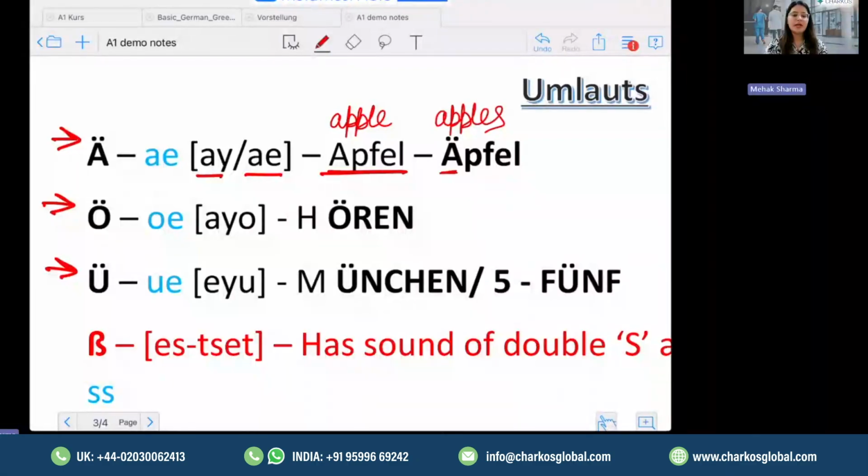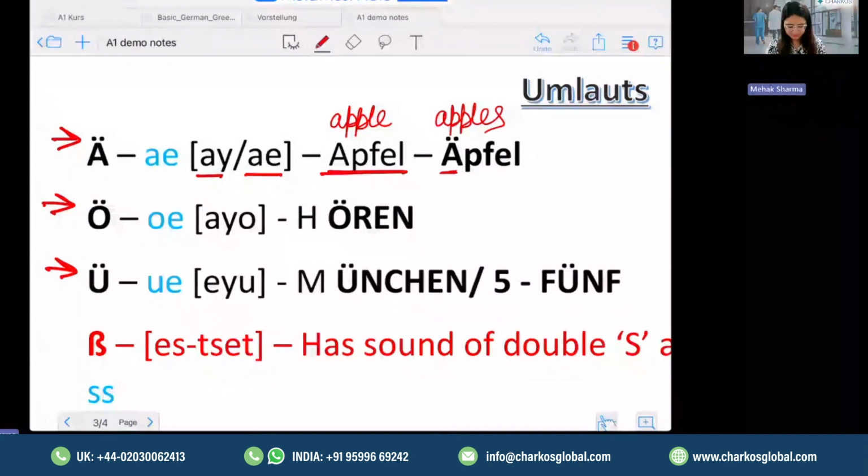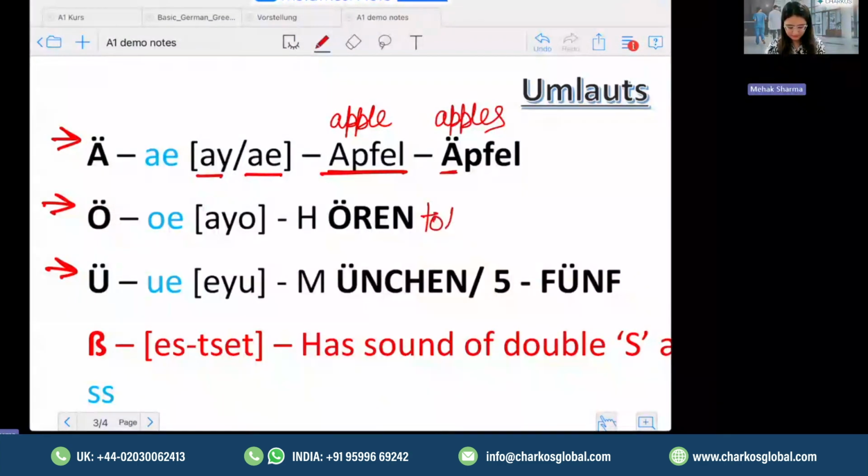So, ill, ill. Now, here the word is hören, hearing. When you combine H with O umlaut, it gives this sound, and then it's hören. Hören means to listen.